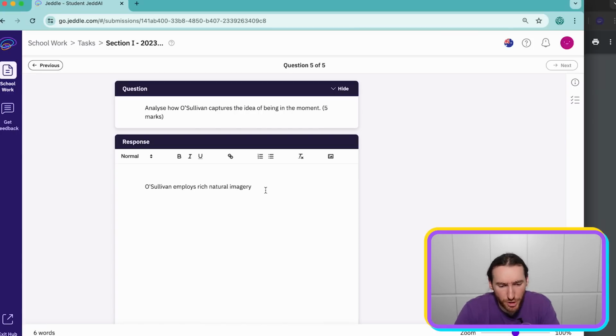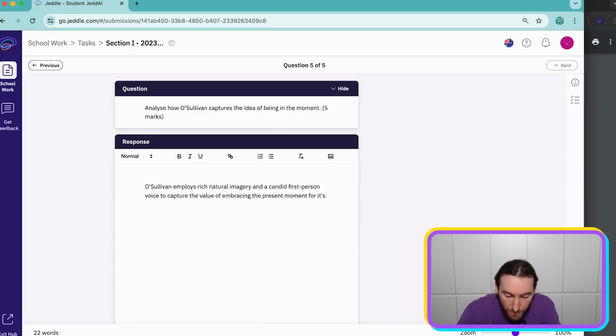So O'Sullivan employs rich natural imagery and a candid, which means honest, first person voice to capture the value of embracing the present moment for its obvious though often overlooked beauty, rather than looking into the future. That's just the opposite of that. Okay, great, that'll do.